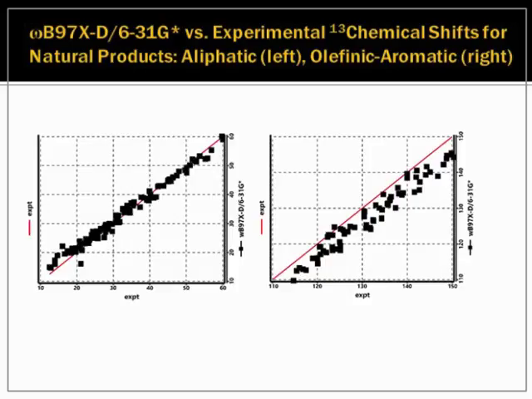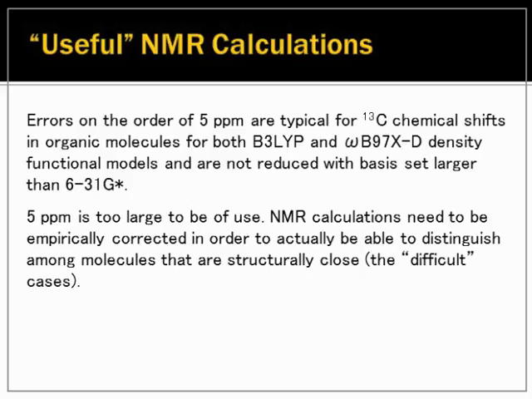You could do this for a huge number of molecules and you see the same thing. If you look at the statistics, what you see is that the errors are roughly 5 ppm. This is carbon shifts. And this is true for every functional we've tried. B3LYP, we've tried EDF2, which was our standard a few years ago, we've tried this, we've tried better ones.